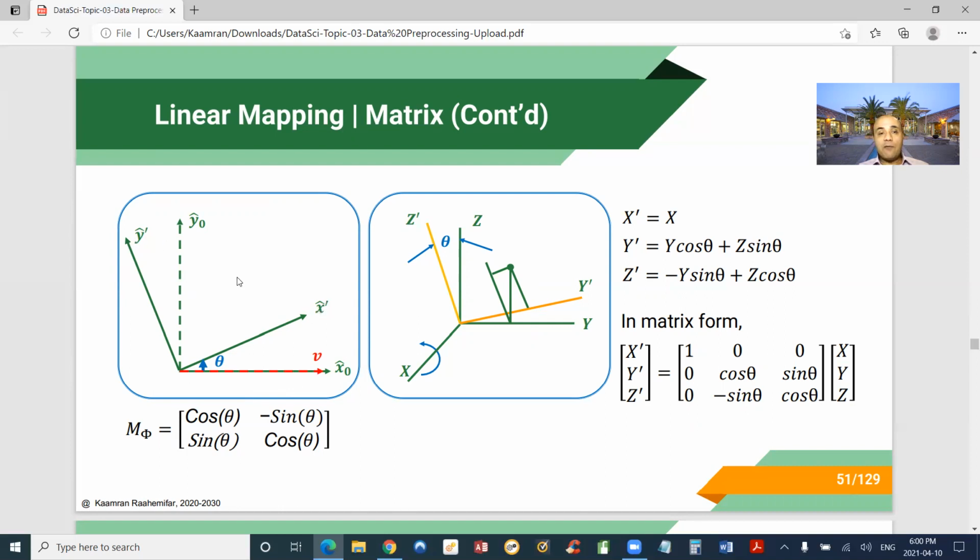So rotation is different than the scaling we discussed last time. In rotation, you maintain the exact shape. You simply rotate. And when you rotate, you're supposed to be able to represent the data in the new axes.